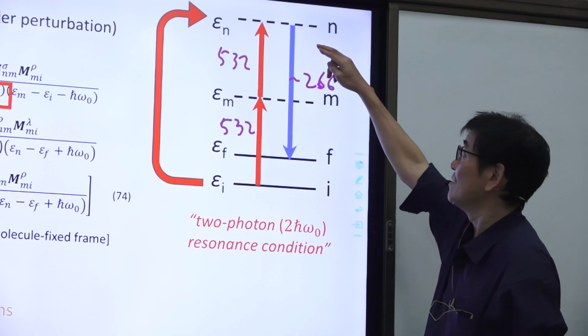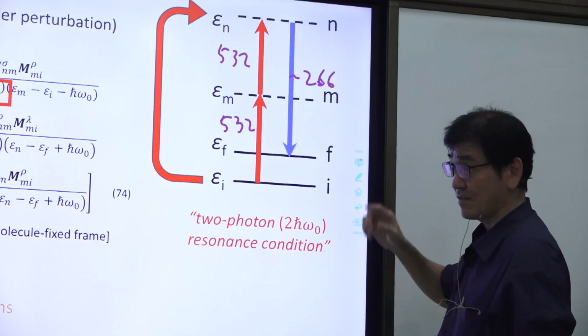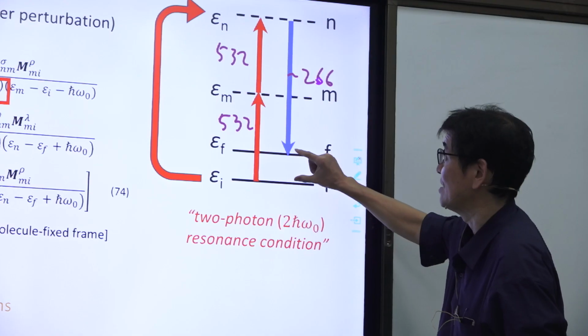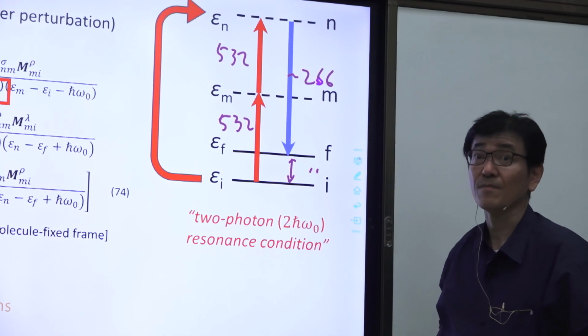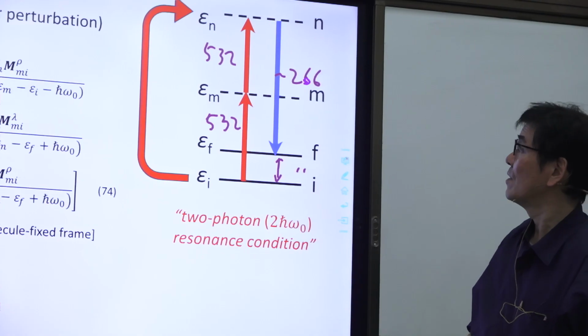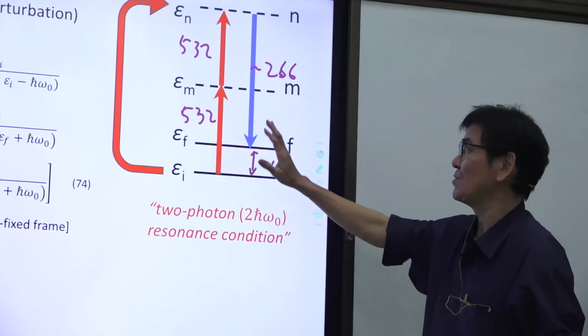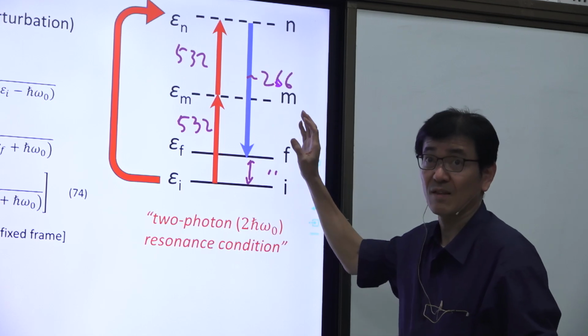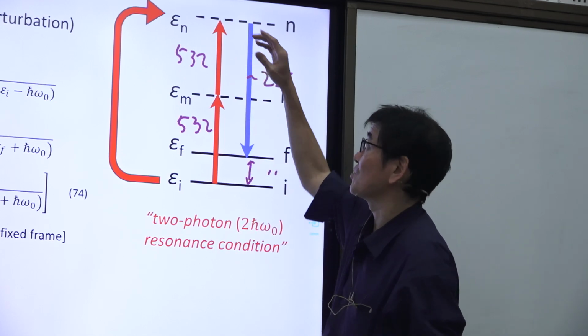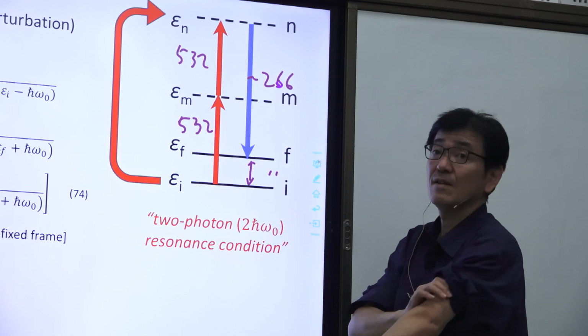So nearly twice the energy. Exactly speaking, the vibration energy is reduced from this, right? But it's possible to observe such a process. This is a two-photon absorption. Okay.